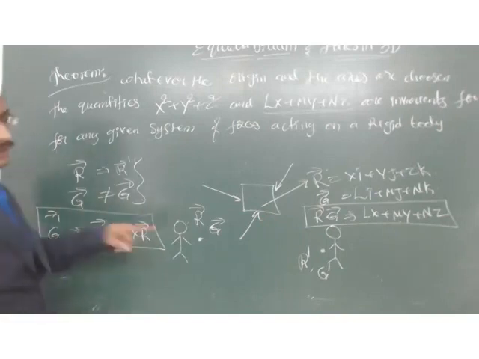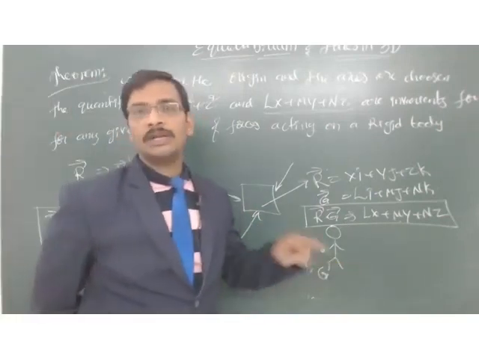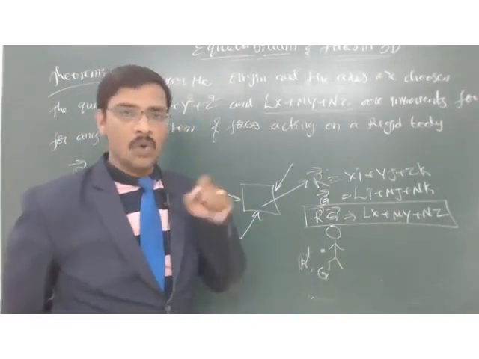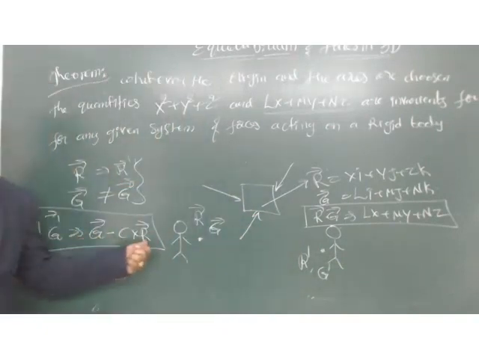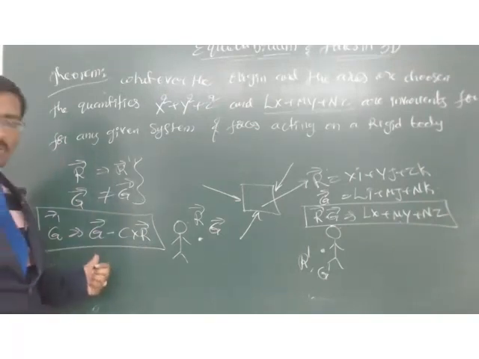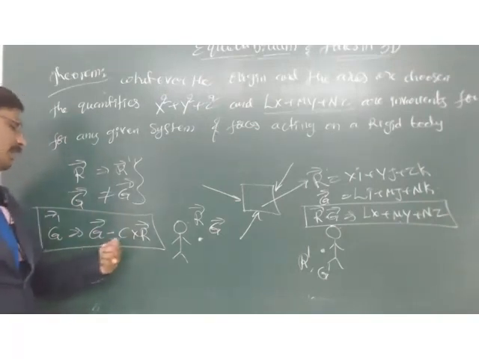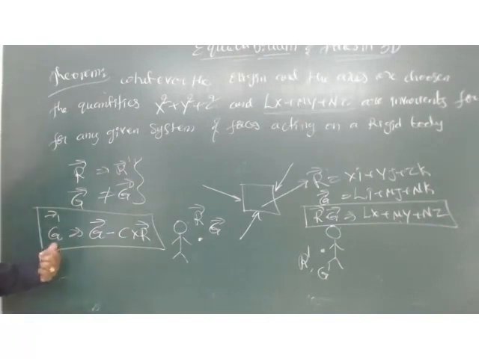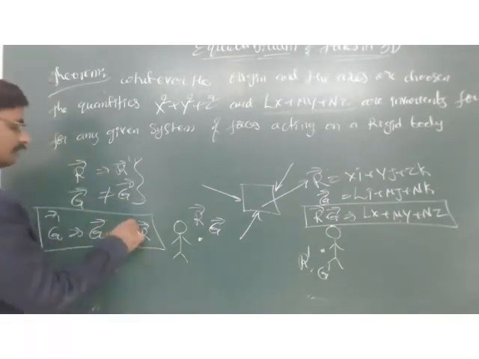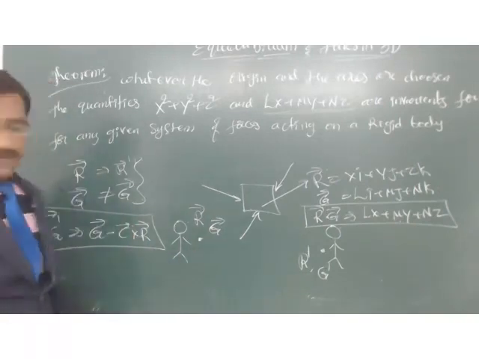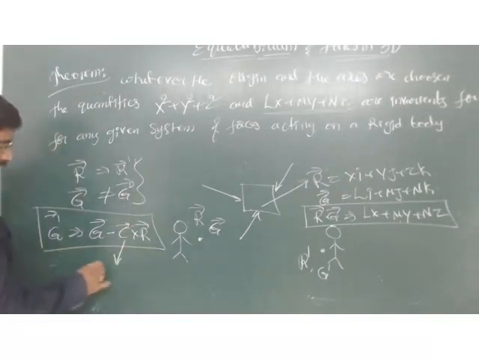So the way you look at it, if it is different, the moment is going to change. And we have quantified that moment as equivalent to G minus C cross R, where G is the moment when the origin is at O, and G minus C cross R, which is nothing but G dash, is the moment when the origin is at O dash, and the vector C is nothing but the vector joining from O to O dash.